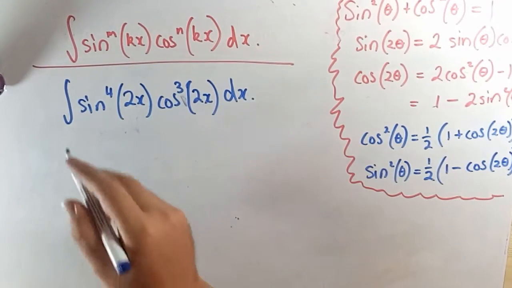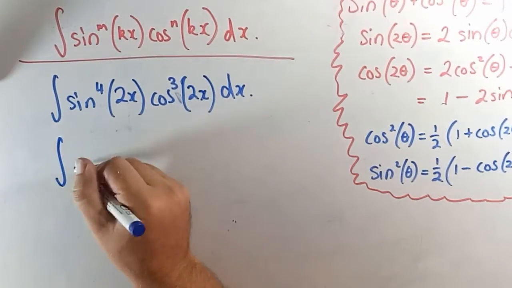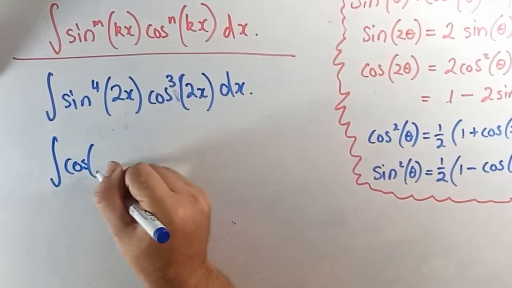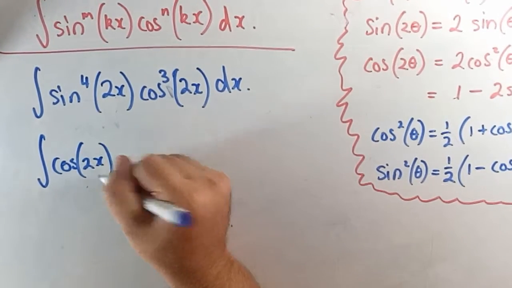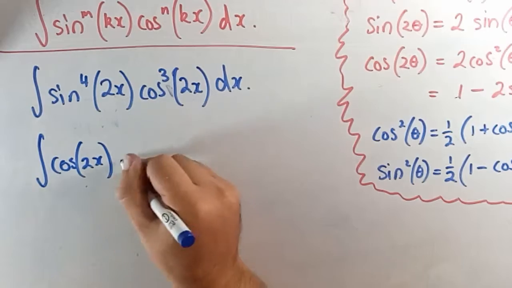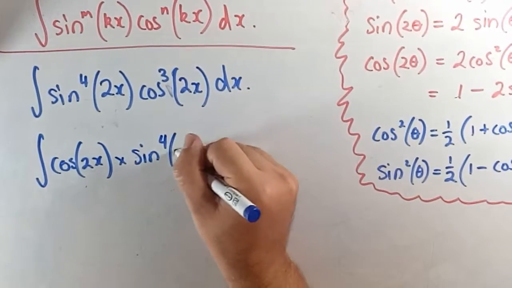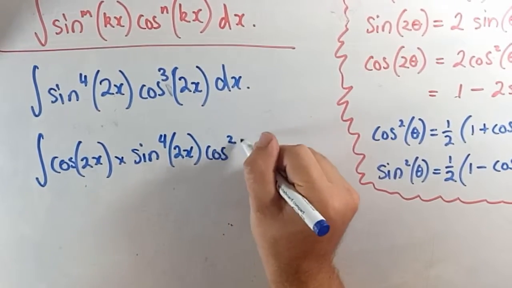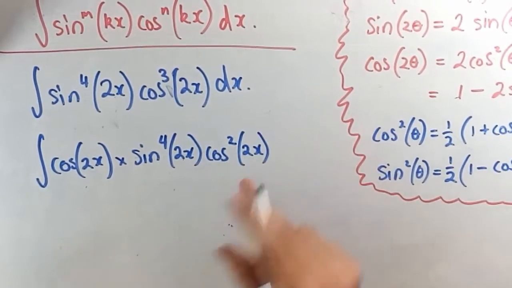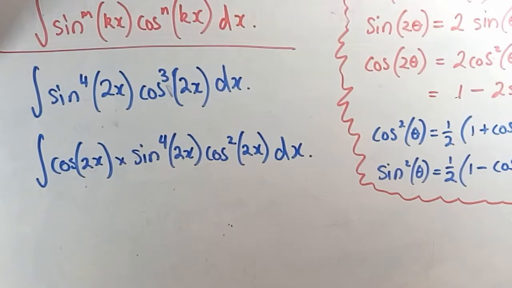You break up the odd so that you've got one left out. This cos, I'm going to take one of those. I've got 3 of these to use. I'm going to use one of them over here, then write out the rest. So sine to the 4 of 2x, cos squared, because I've got 2 left.